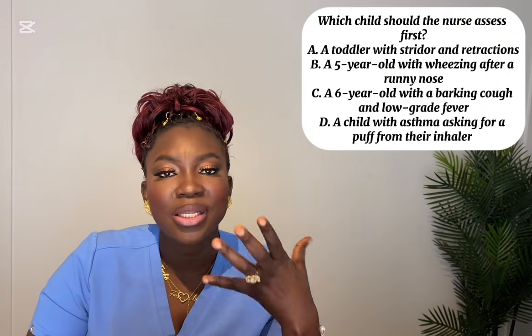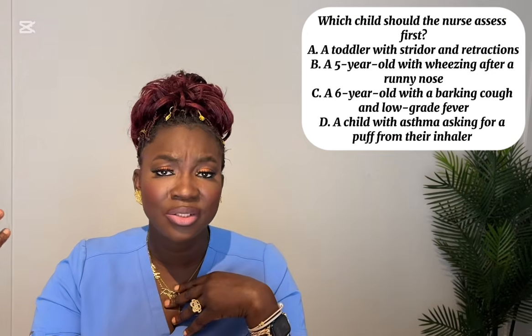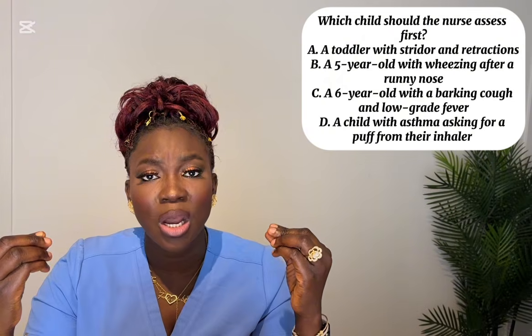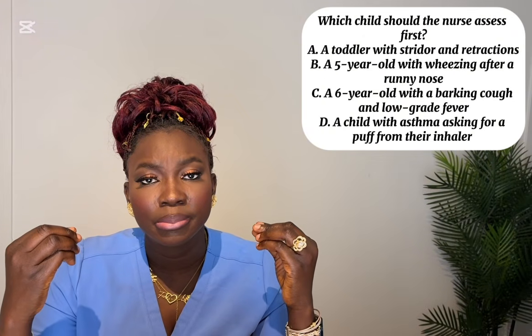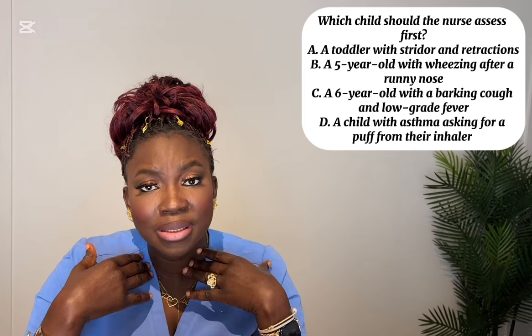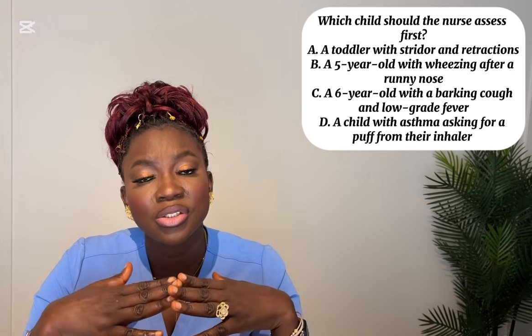Like I said, this can be managed at home, so it is not life-threatening. It does not need immediate urgency or attention. There are no signs of acute respiratory distress like the stridor we see in the first patient. So this patient is not our priority.